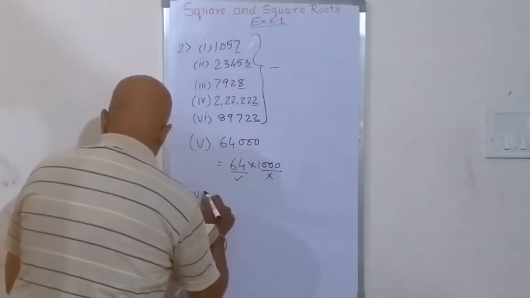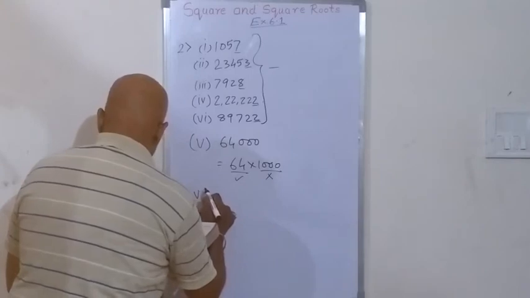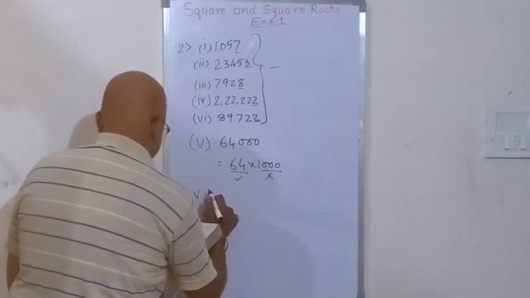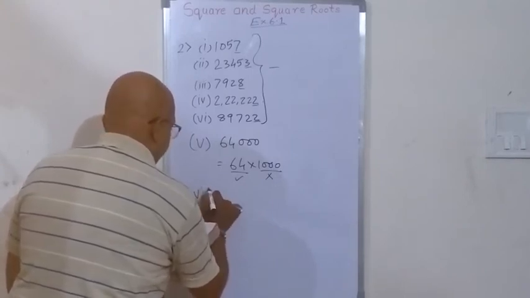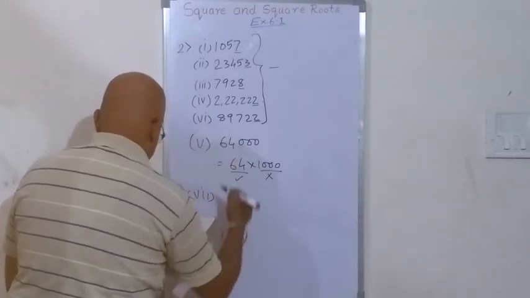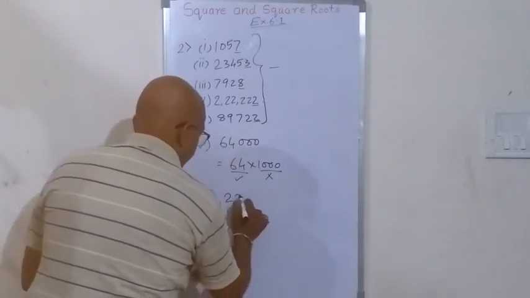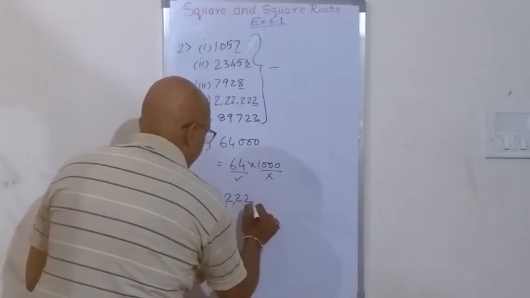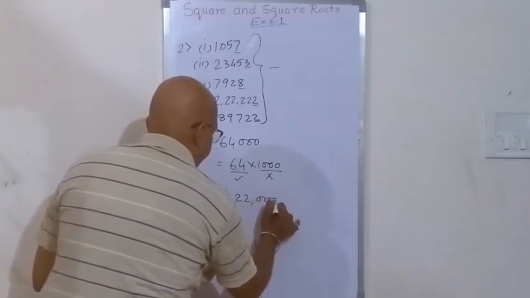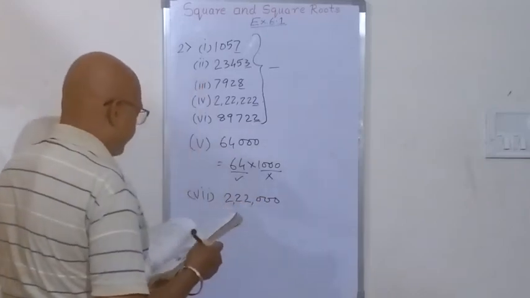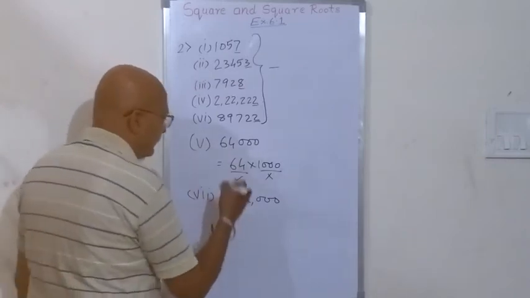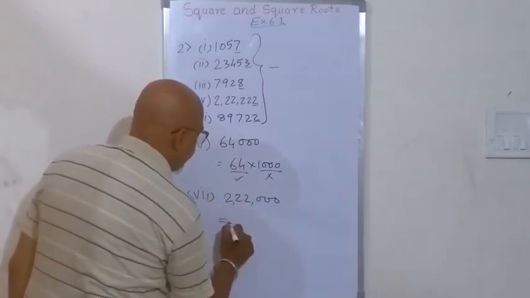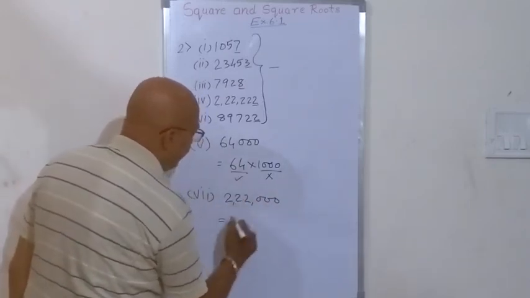Second, after this is the seventh one, because the sixth we have already taken here. 2,22,000. Again here we will do the same thing. We will bifurcate or do the factors.